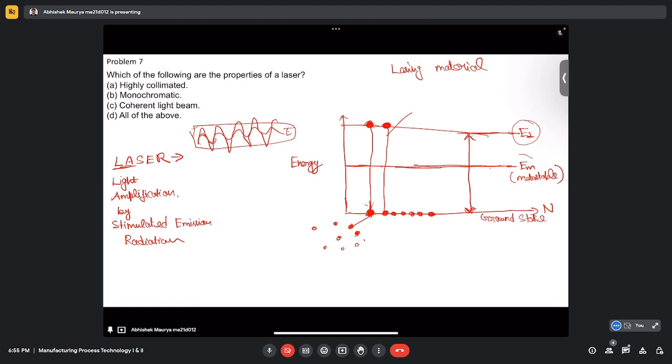But suppose we are not doing anything, we are not disturbing this, then after some time these electrons can come to here, or they can come to the ground state also. So suppose it comes here, and after some time it will come here.